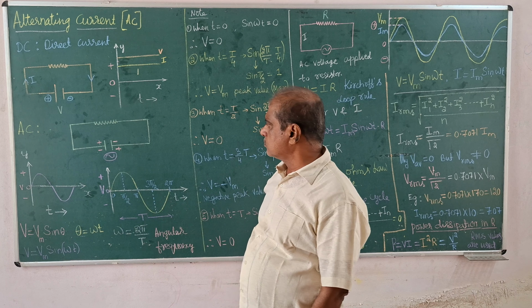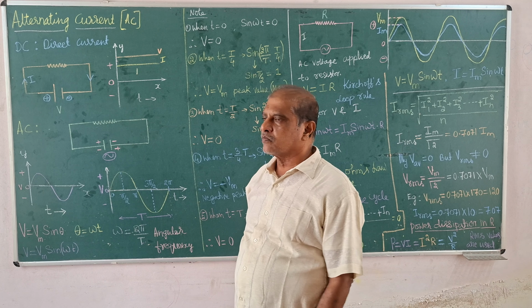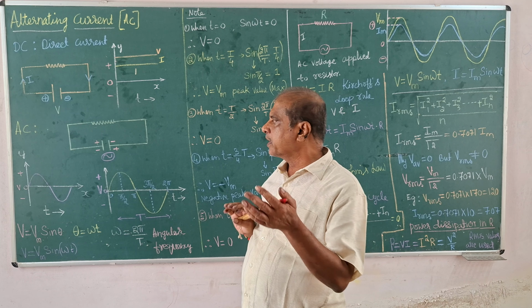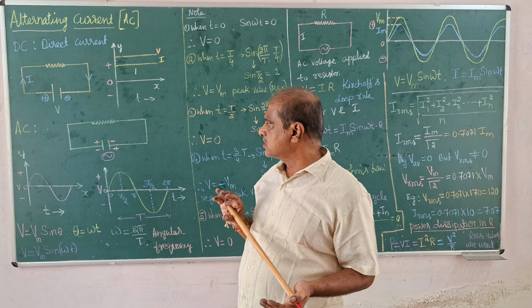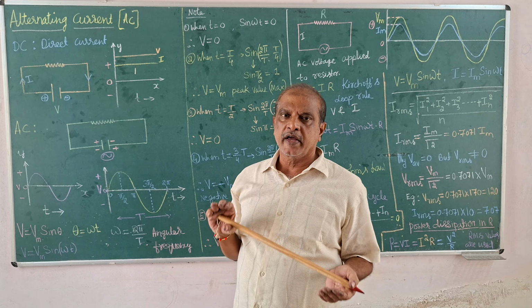But what about the AC circuit? In the AC circuit, the current and voltage both vary periodically. There is a periodic change in the direction and magnitude of both voltage and current.